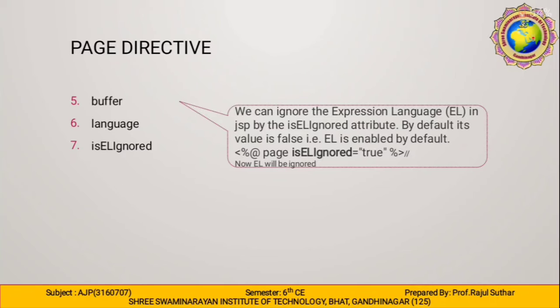EL is nothing but the expression language. In JSP, the isELIgnored attribute by default has the value false, so EL is enabled by default. Page isELIgnored is equal to true. So now EL will be ignored.